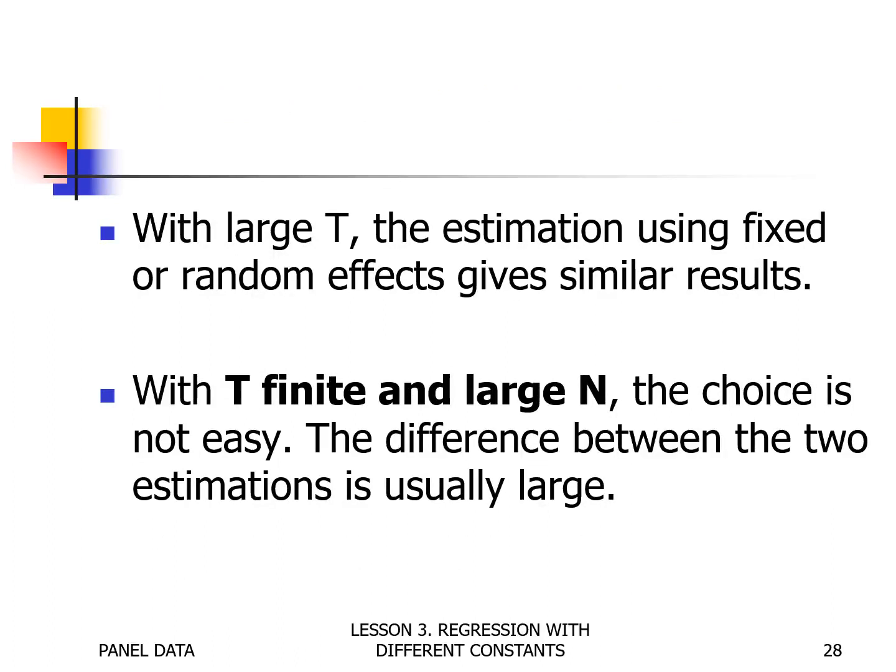As I said, with large T, the estimation using fixed or random effects gives similar results. But typically, with relatively small capital T and large capital N, then the choice is not easy. The difference between the two equations is usually large. So the estimations usually have a large difference, and somehow you have to make a choice, and the choice is important.